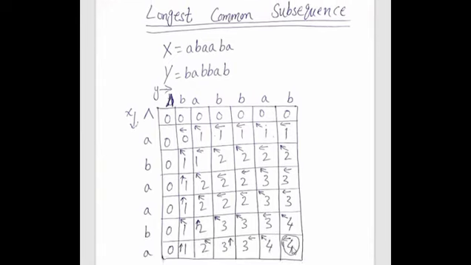The last value will tell us how many characters our longest common subsequence will have. So you have to encircle it: our longest common subsequence will have 4 characters.